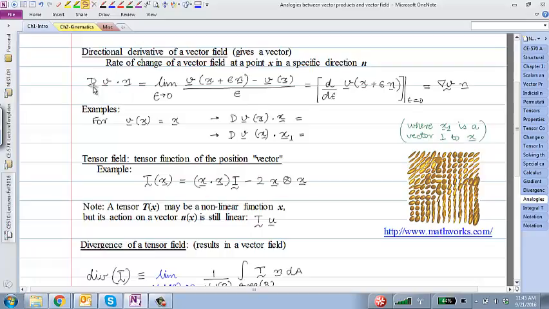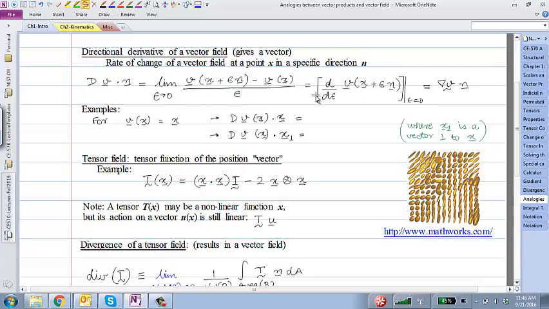If you are given a vector field, which is like a bunch of arrows in the space, if you are at some point x and you move in some direction n, then you can figure out how the vectors change from this point x to another point x plus epsilon n. Okay, which is what the definition here says: find the vector field at a point x plus epsilon n, right, and subtract the vector at the position x, and take the limit with epsilon tending to 0.